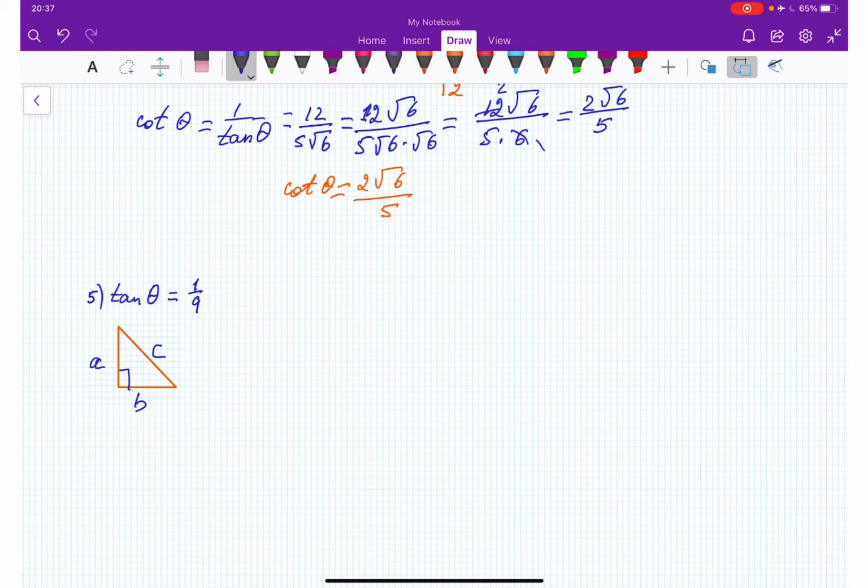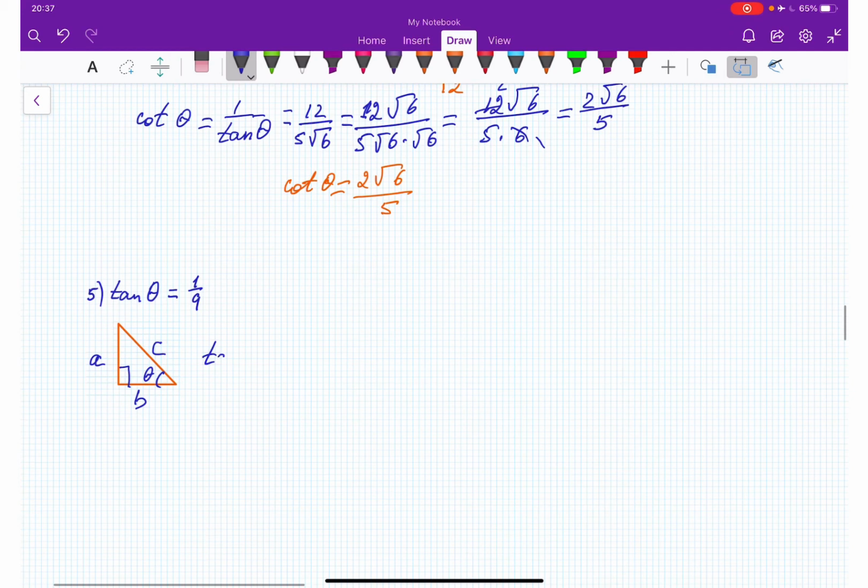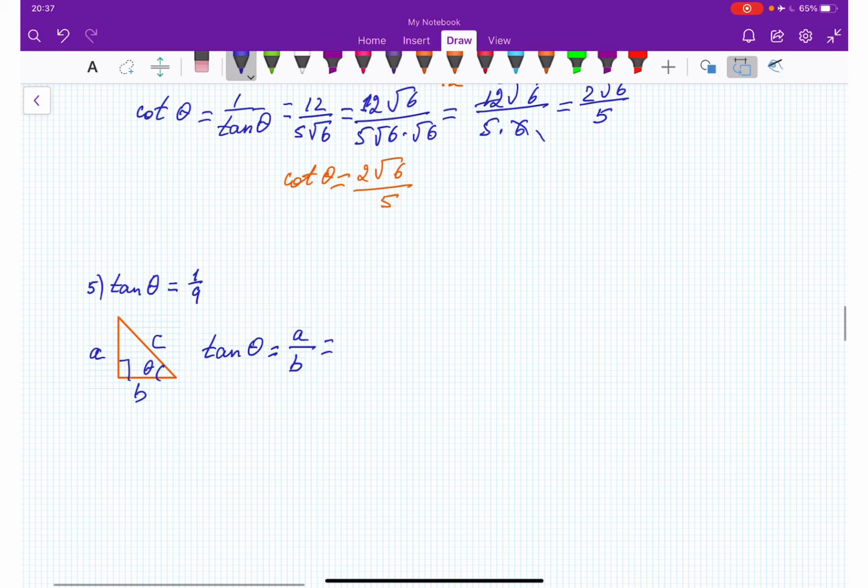So, based on the definition, tangent theta, if this is my theta, let's say, tangent theta is equal to opposite leg over adjacent leg, A over B, and it is equal, we know it's given, 1 over 9.